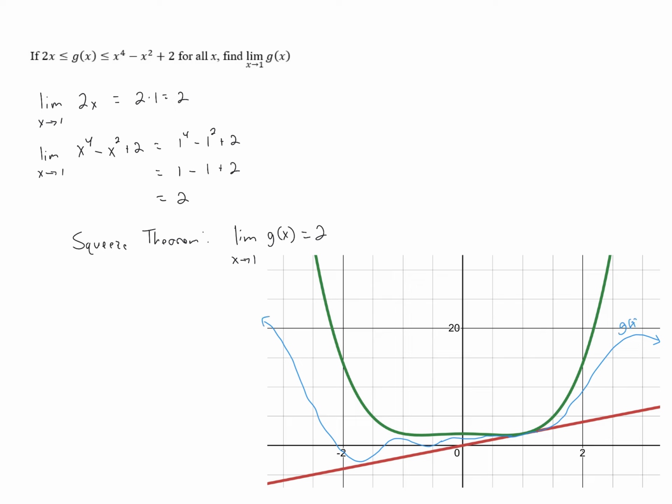This is our g of x. But because these two functions have the same limit as x approaches 1, because they squeeze together, we know that the limit of g of x as x approaches 1 is also going to have to be that same limit, which ends up being 2.